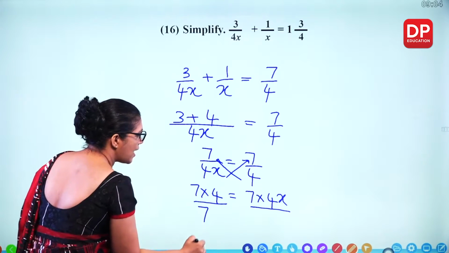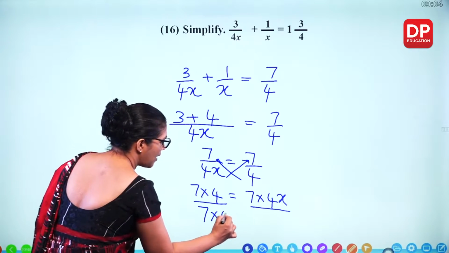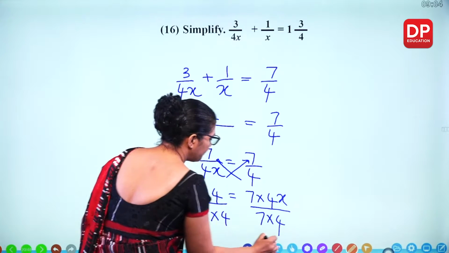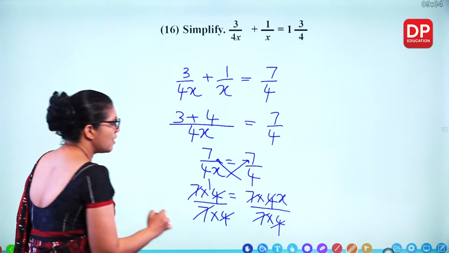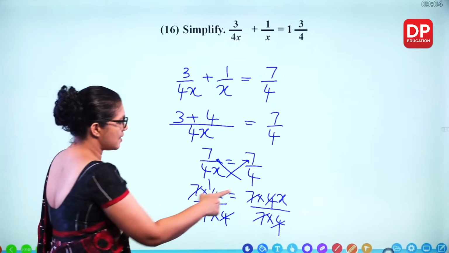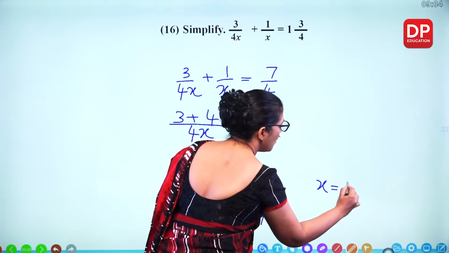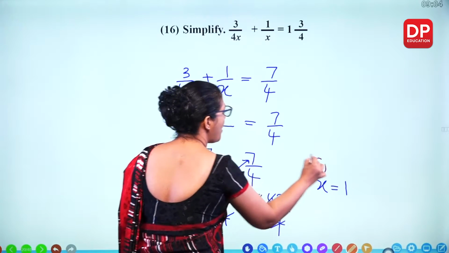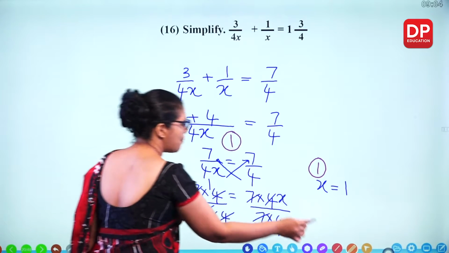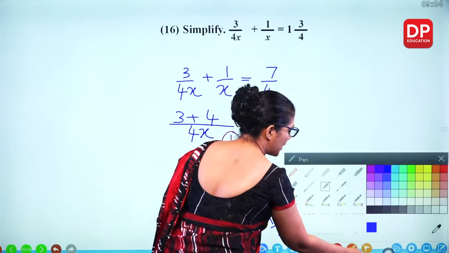Divide both sides by 7 and 4. What happens? So all get cancelled out and you get 1. So x equals 1. 1 mark for the answer and 1 mark for the method.